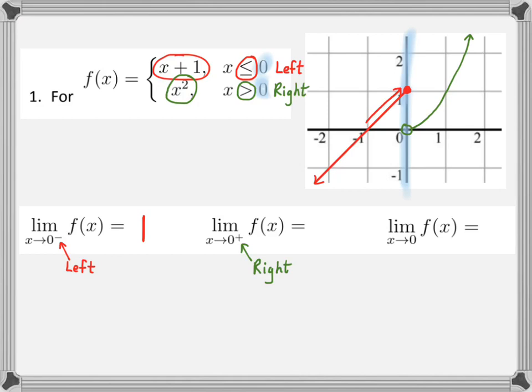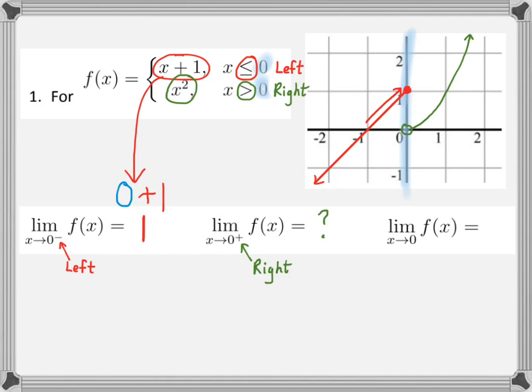As x approaches 0 from the left, the y value is getting closer and closer to 1. You could also have determined this by simply substituting 0 into the left-hand function. 0 plus 1 is indeed 1. So then, again, you, the viewer, what do you think about the limit as x approaches 0 from the right?